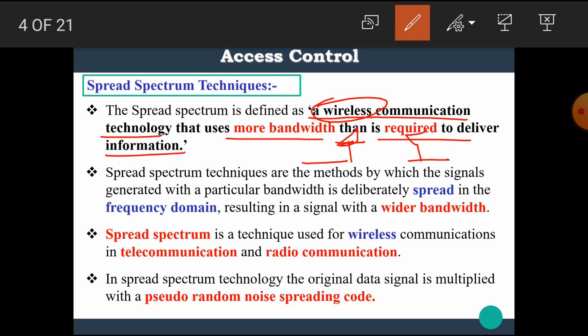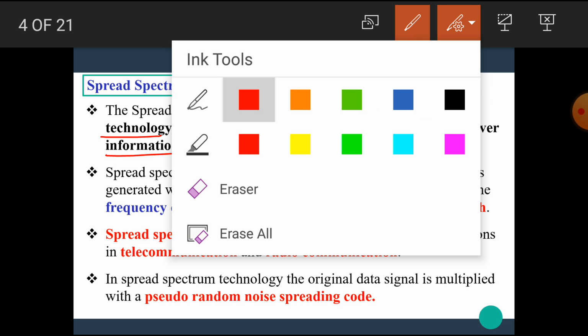Wireless means no hardwire is used, or no optical fiber is used. The transmission is done through space by using the antenna at the transmitter and at the receiver.